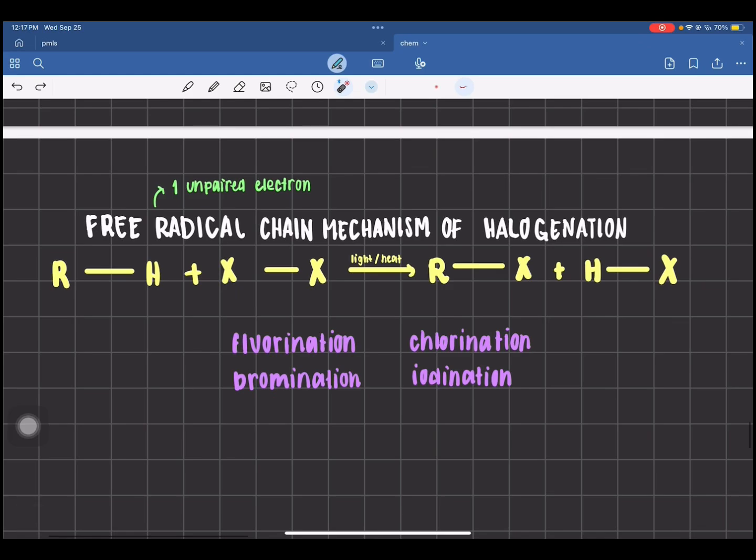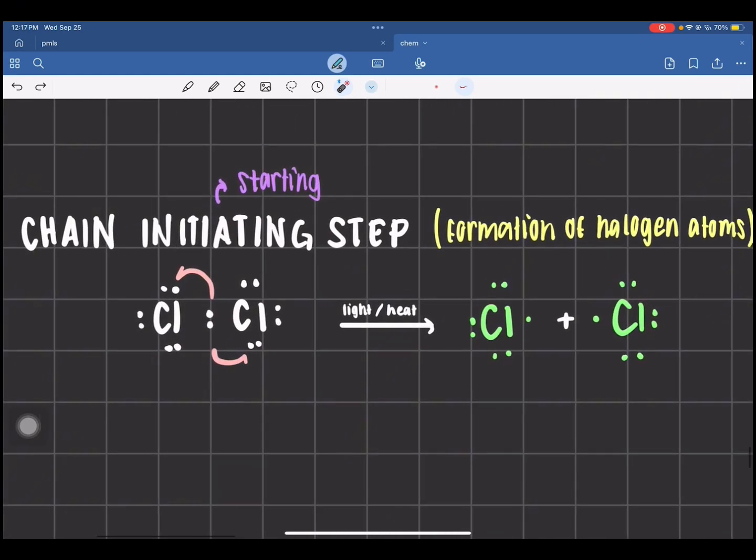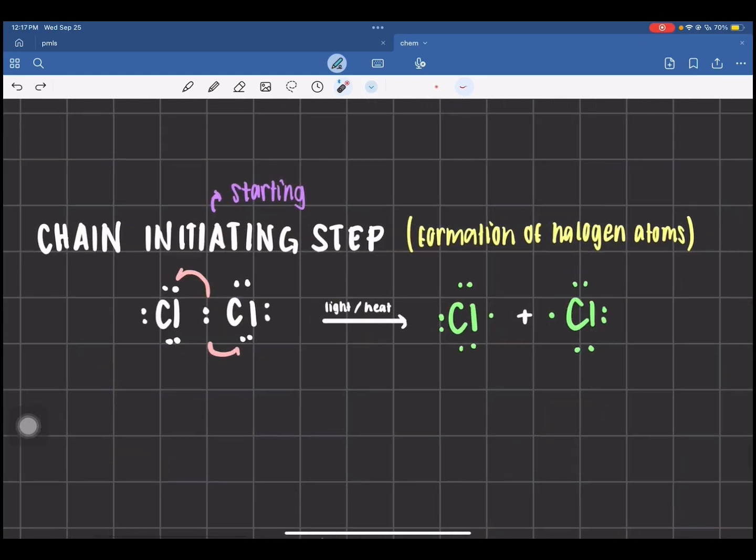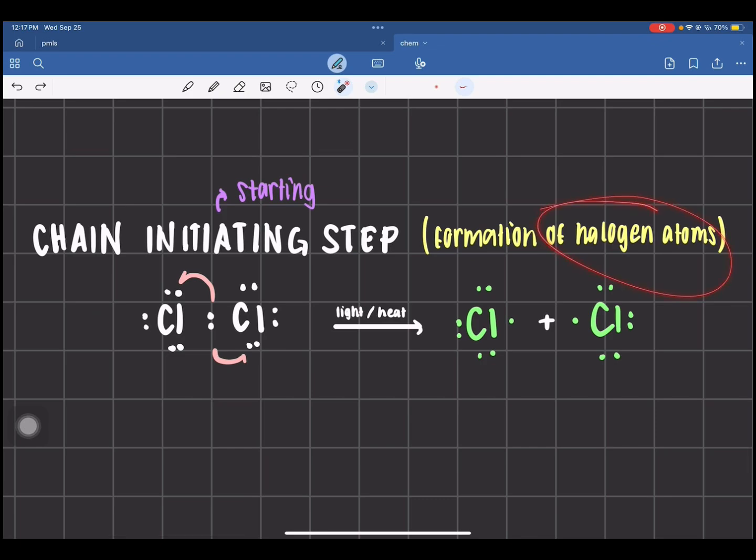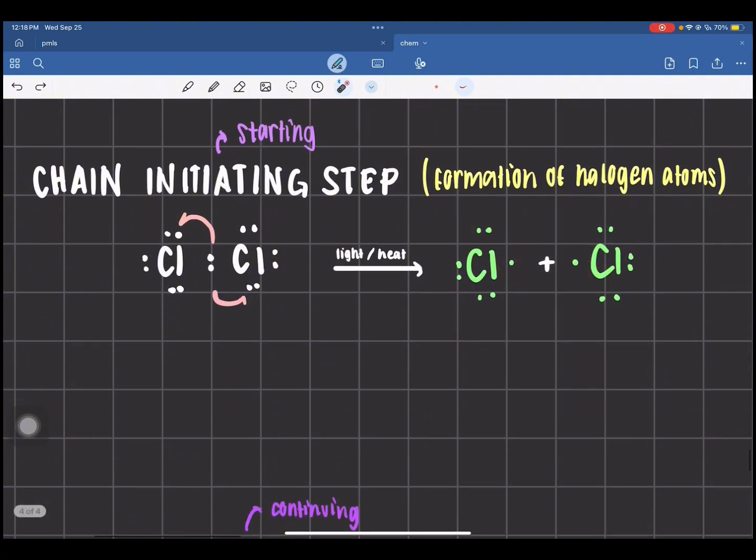Okay, so let's have a recap. So sa chain initiating step, nagkakaroon tayo ng formation of halogen atoms. So 1 chlorine atom here, 1 chlorine atom here. They are both free radicals kasi merong unpaired electron.